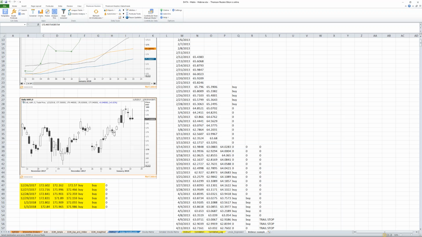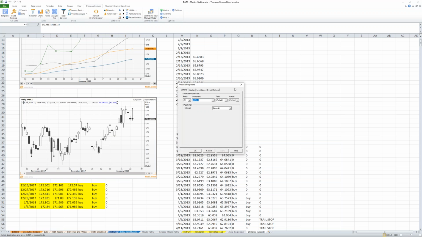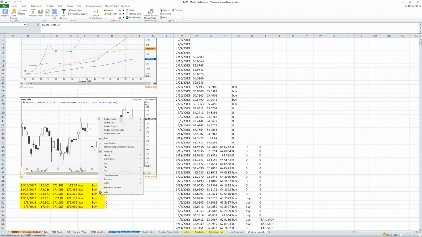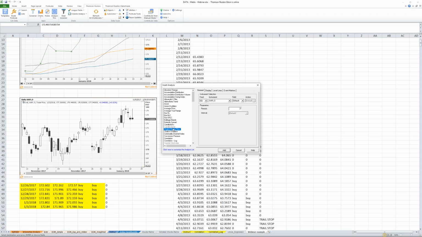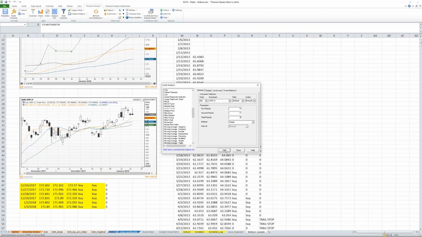Let me add here the moving averages. Moving average, triple moving average, 14, 21, and 35, add. And this is what would have happened with the signal.